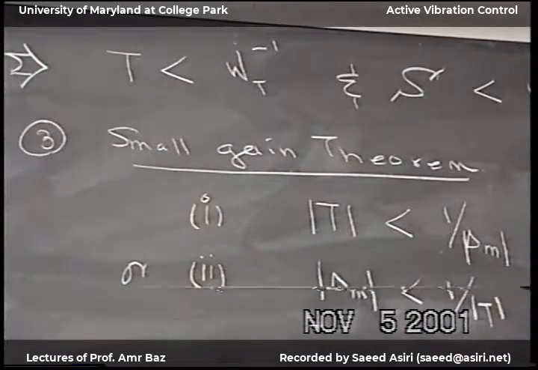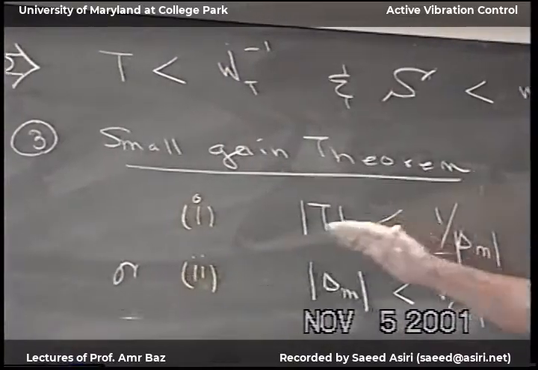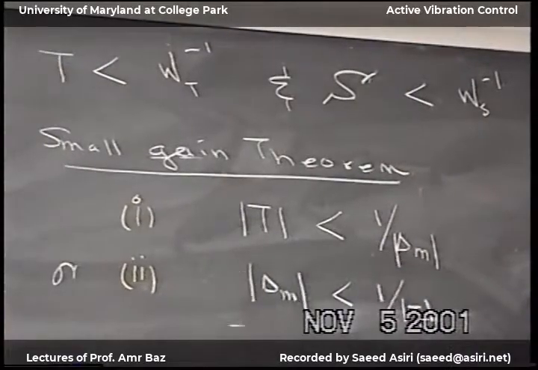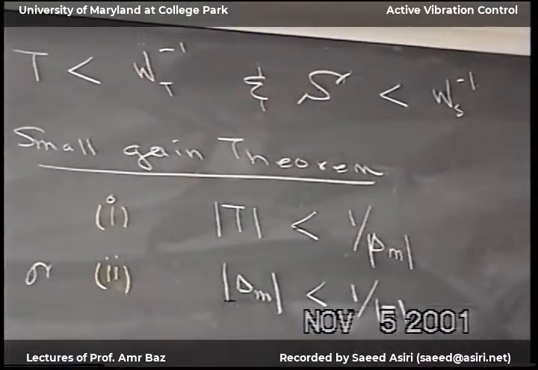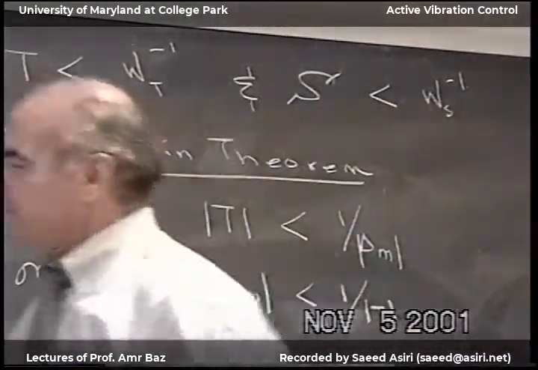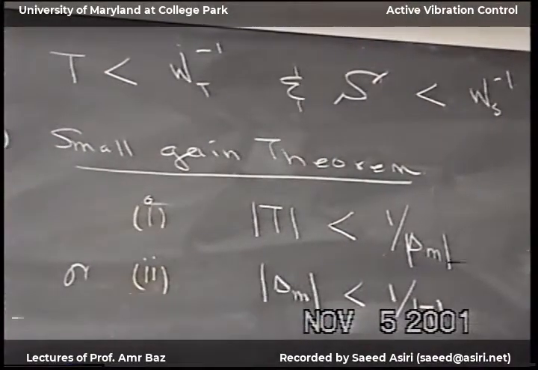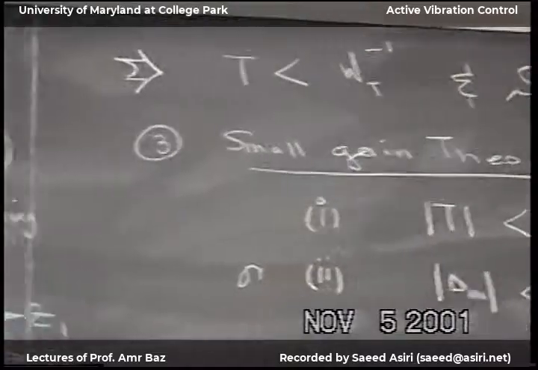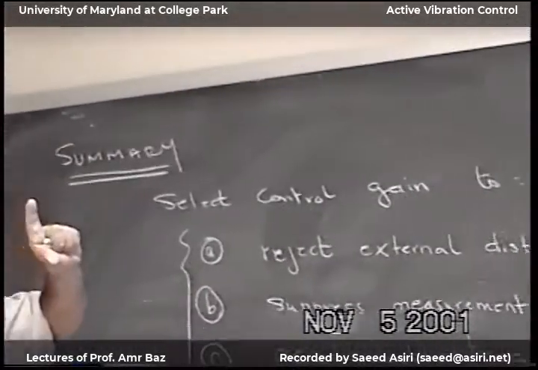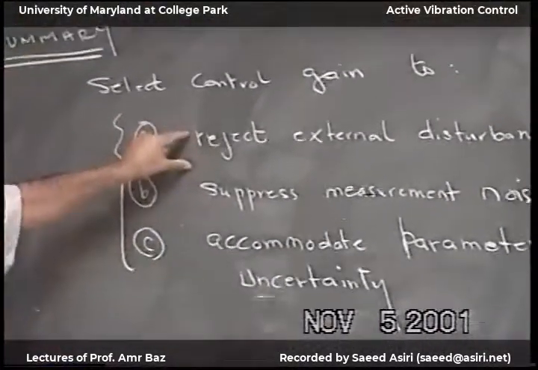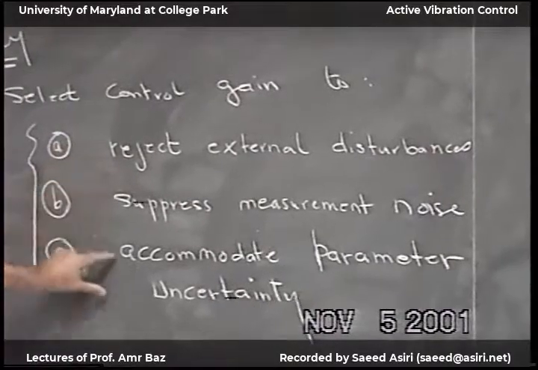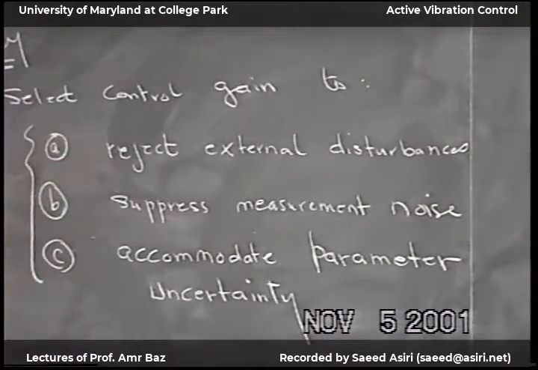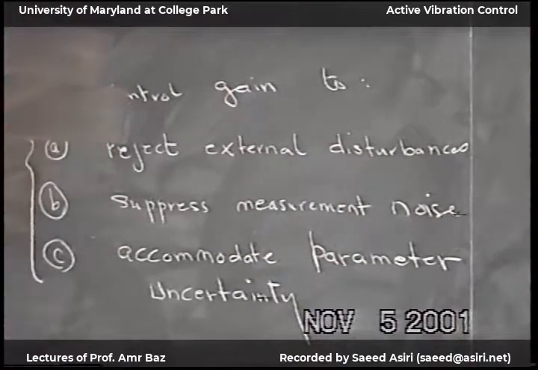Now all this is preliminaries to the H infinity. I'm going to do one more thing, and then we'll go into H infinity. You cannot do any of what we've covered by the classical methods that we talked about in the beginning. I cannot shape this or this or this as I like, or I cannot accommodate all these in the design of the controller.